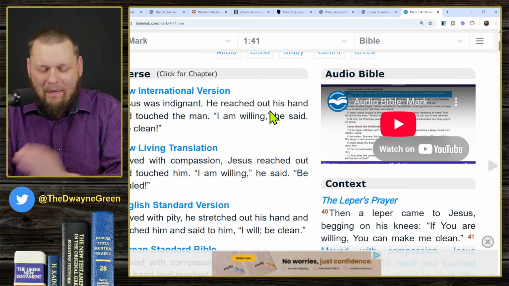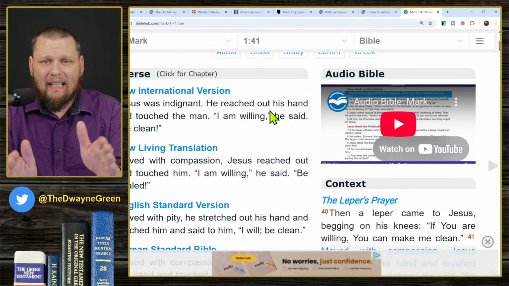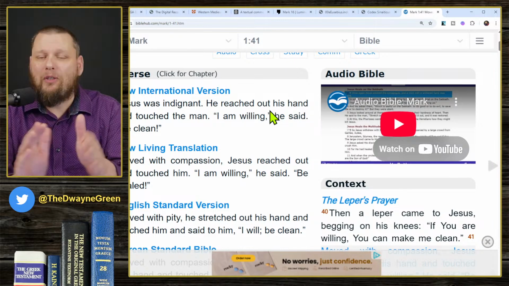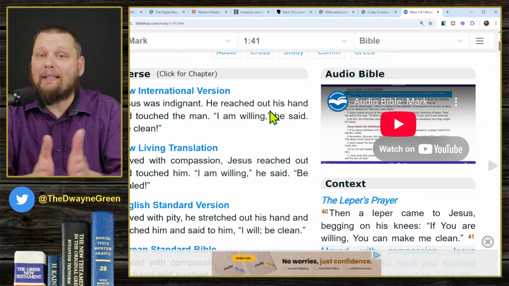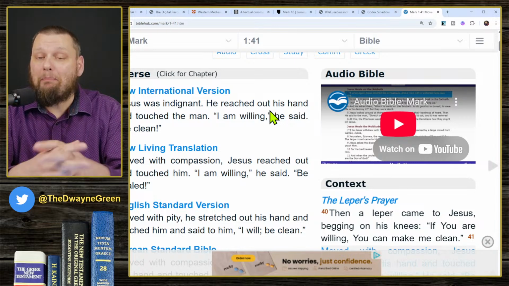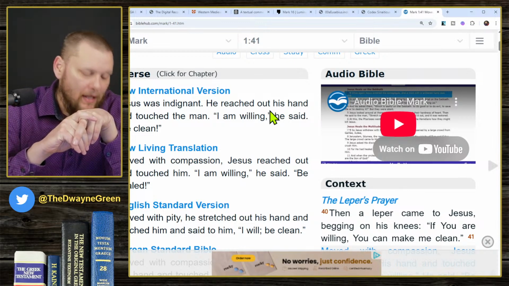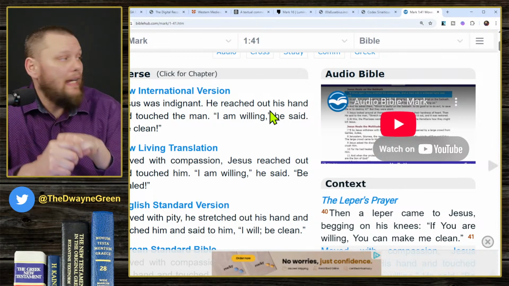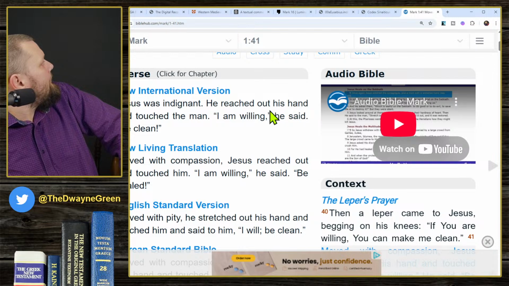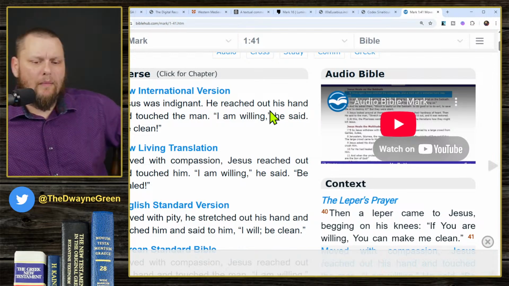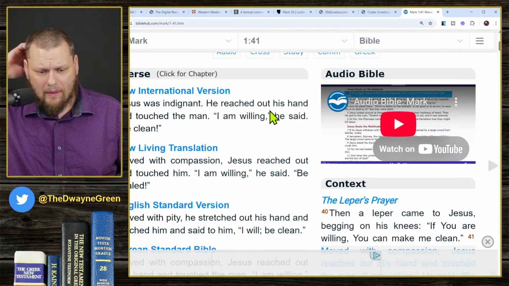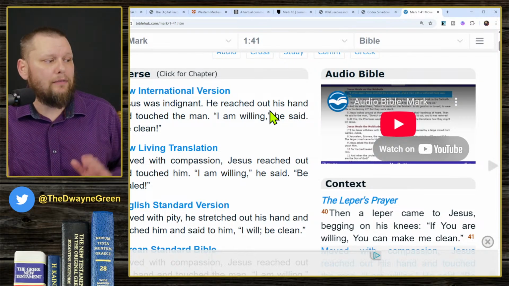The reason for this is because the New International Version is not really a translation based on the Nestle-Aland text. I mean, it's loosely based on the Nestle-Aland text. What they chose to do, and I don't think I have it down here, is essentially create their own text to use for the New Testament.